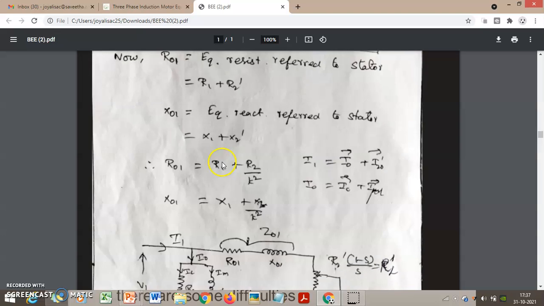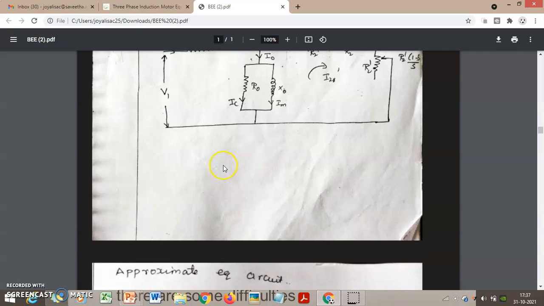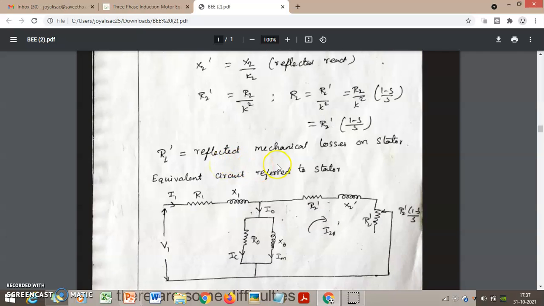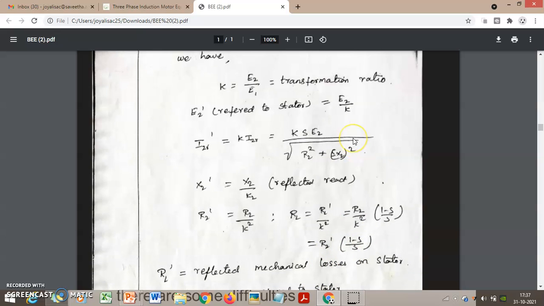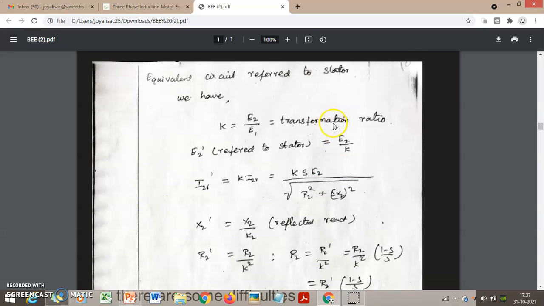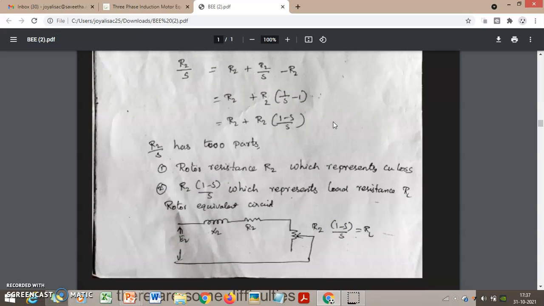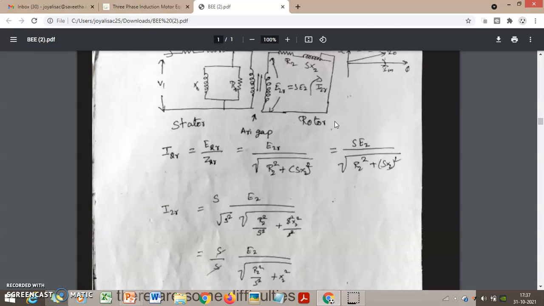These are the two different ways of representing the equivalent circuit. Two things we have to remember here. One, only E and X change when the rotor rotates. There will be no change in the resistance. And you should introduce the slip when there is a rotating part, because the slip represents the change in frequency and the change in speed.